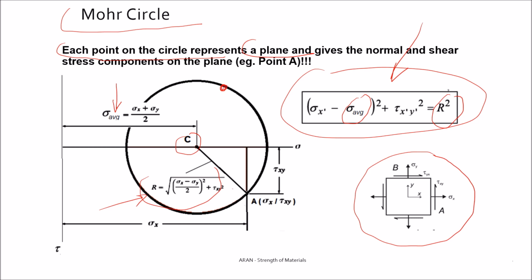For example, this is a plane, and let's take the plane A. This plane A has sigma x and tau xy, so you can take sigma x and tau xy as your components, draw the point, and this point A represents your plane.